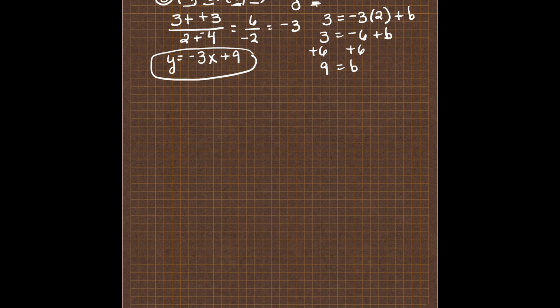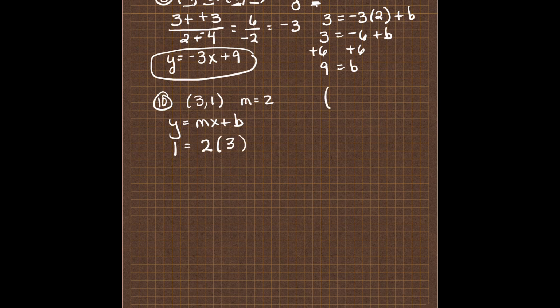All right, so let's look at number 10. It says write an equation of the line that passes through the given point and has the given slope. Here we are. We have a 3 and a 1. Slope is 2. So I'm just going to do this. I'm going to use the y and the x. Y equals mx plus b. So y is 1 equals slope times the x.